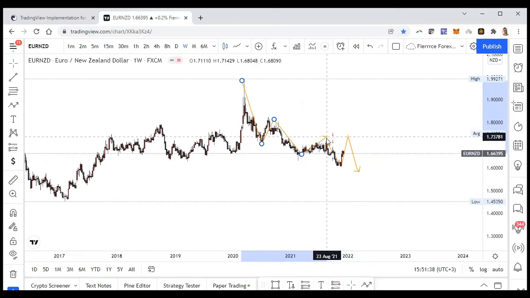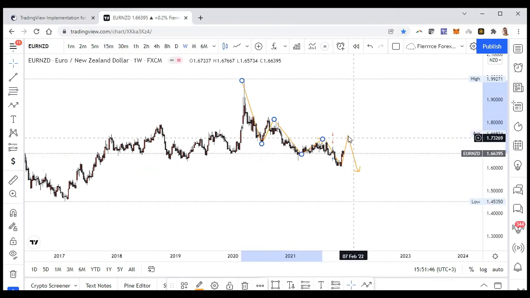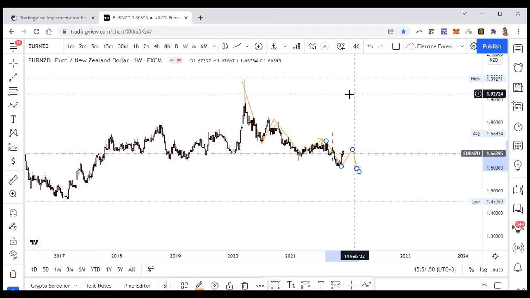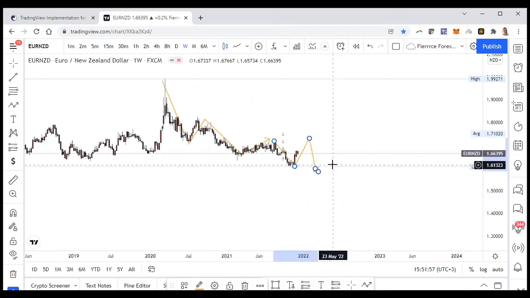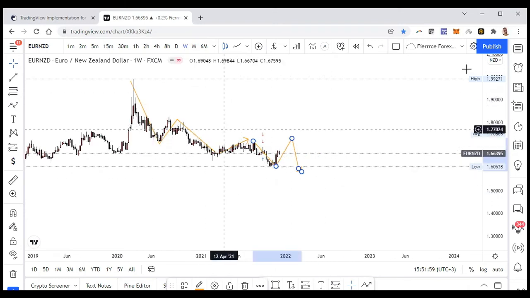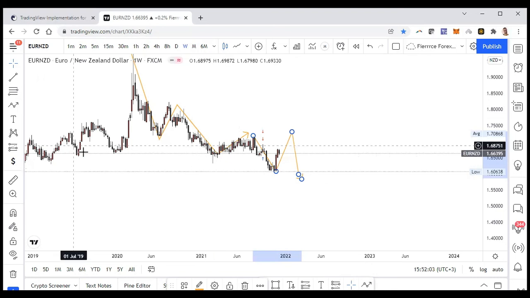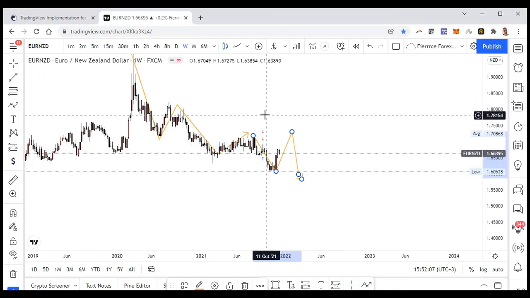Of course, this is a very ugly schematic, but you get the point. We are still in bearish structure, and that's why longer term I'm bearish, but in the short term I anticipate price moving up. For you guys to understand why I anticipate that, it will probably take another recording, or if you're in one of my classes, I probably explain this in more detail.